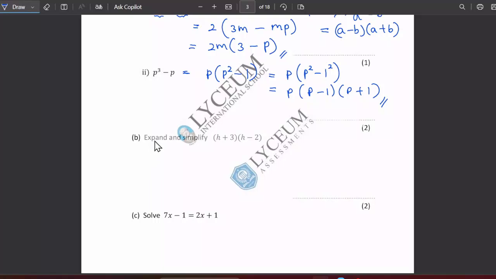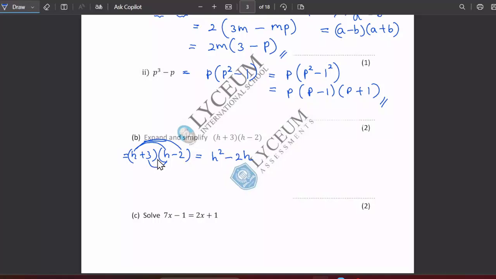And B part, expand and simplify. So now we have to expand, not factorize, but expand. Okay. So h plus 3 times h minus 2. First, I have to multiply both these things with h. Then I get h squared minus 2 times h.